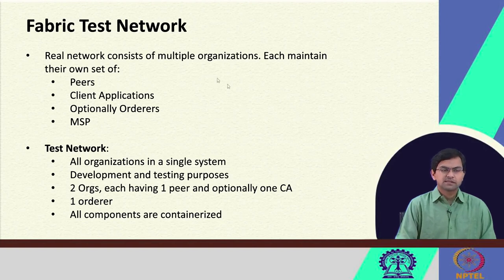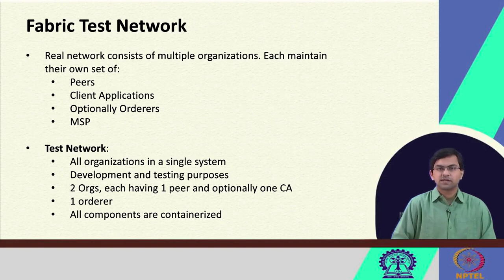Now, in a test network also we would need to create organizations and create these components for them. The default test network settings included in the Fabric distribution create all the organizations in a single system.